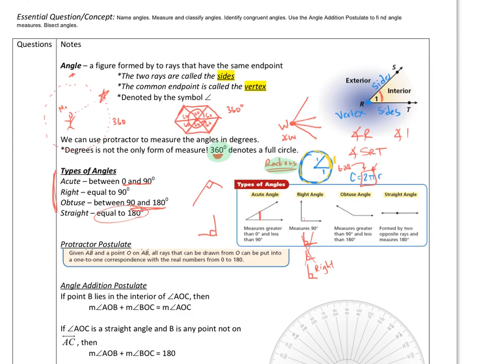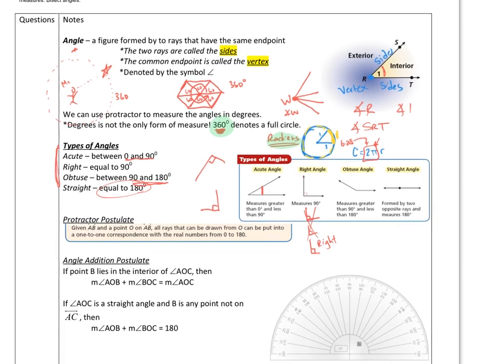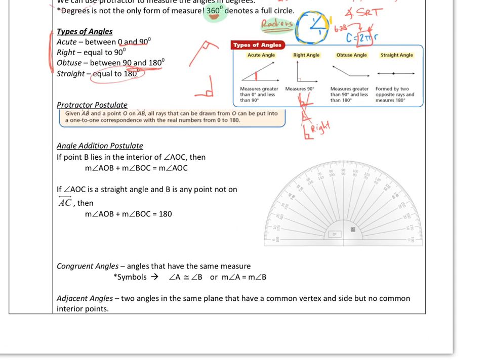Now, let's move on to a couple other things, and we've got the protractor postulate. Just like the ruler postulate, the protractor postulate tells me I can make a protractor to measure angles. And then, just like we had segment addition, we've got angle addition. I can add up angles. So if I've got these two angles, B is in the interior of the angle.